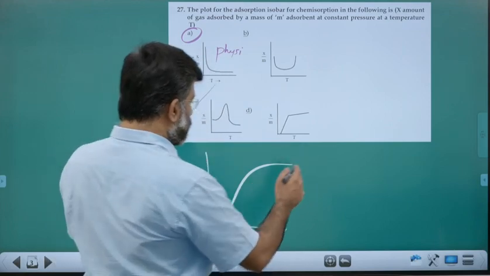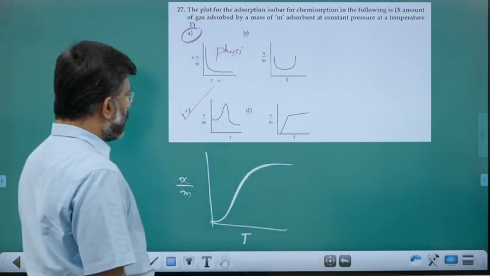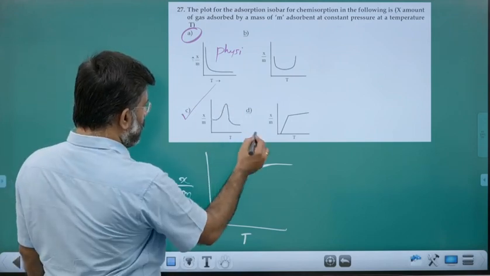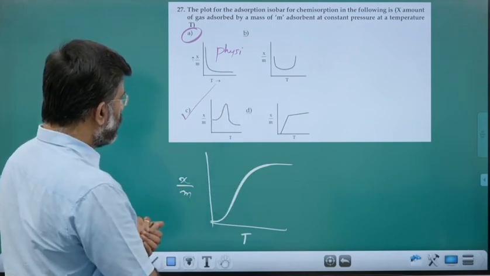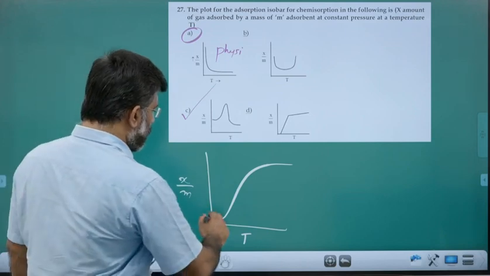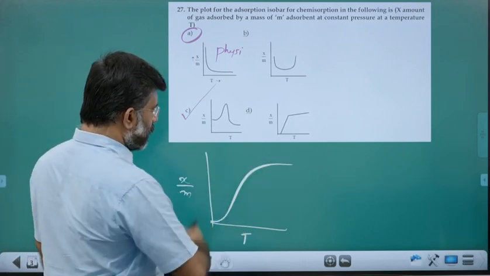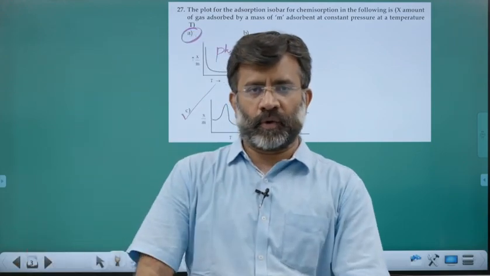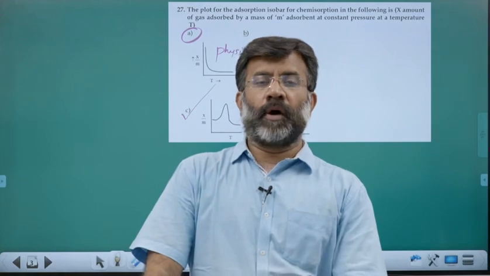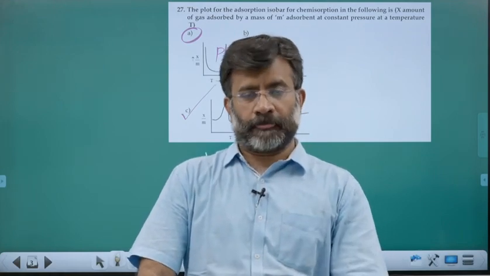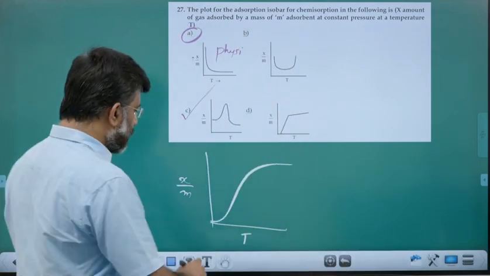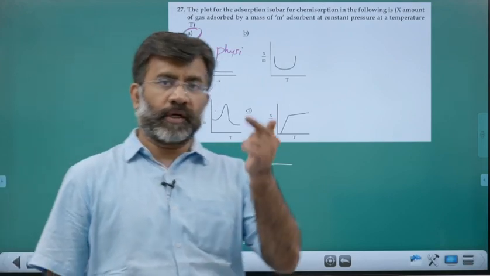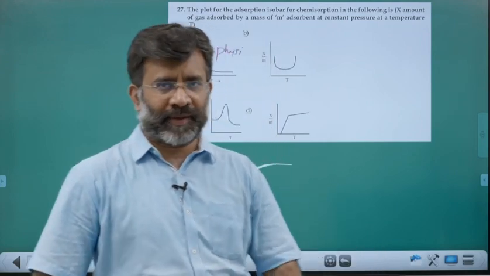Upon high temperature, of course, it will come down, because the bonds formed may break. But an immediate fall is not expected. No other choices. It will increase and reach a maximum. Anyway, it is an activated adsorption and increases with the increase in temperature. Okay, next.